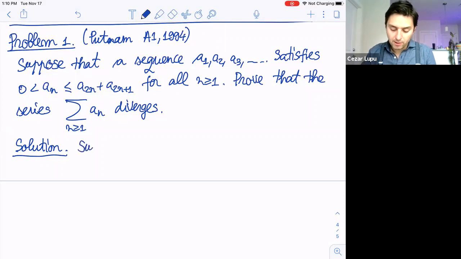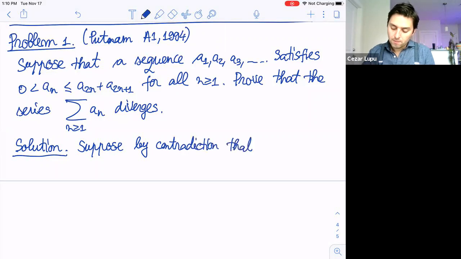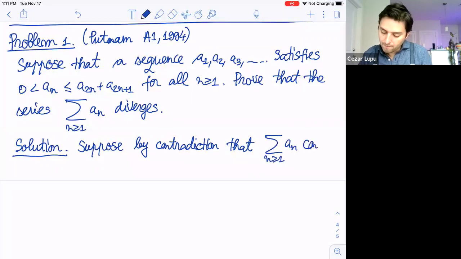So suppose by contradiction that the series converges, right? So suppose that the series of these converges.